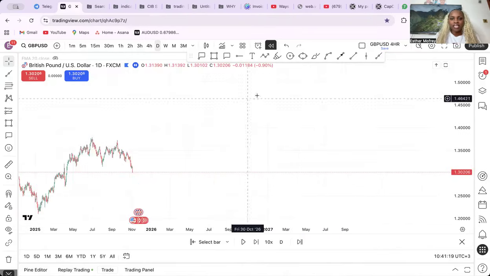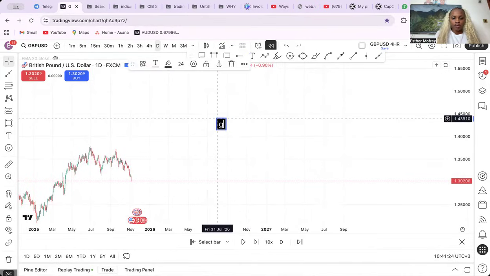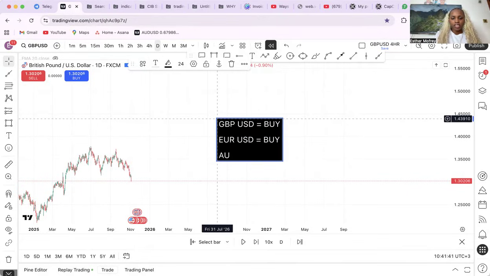So before we do the lesson, let me show you the positive correlation of GBPUSD. I want to share my screen. Positive correlation means that if today you decide to trade GBPUSD and it is a buy, EURUSD, with positive correlation, will also be a buy. AUDUSD will also be a buy.